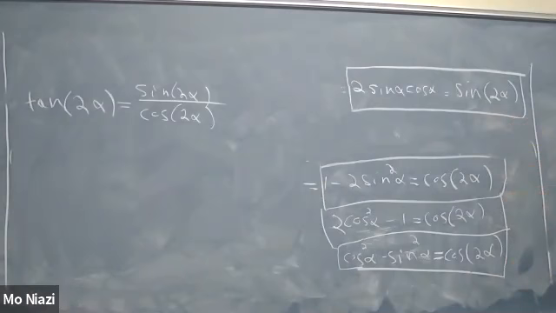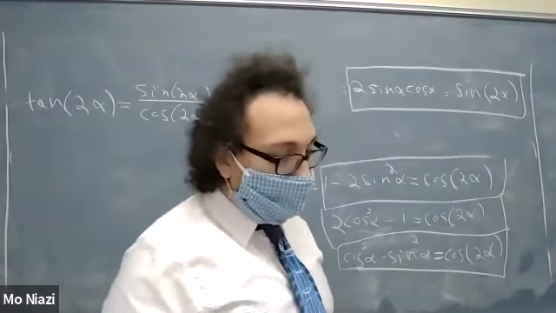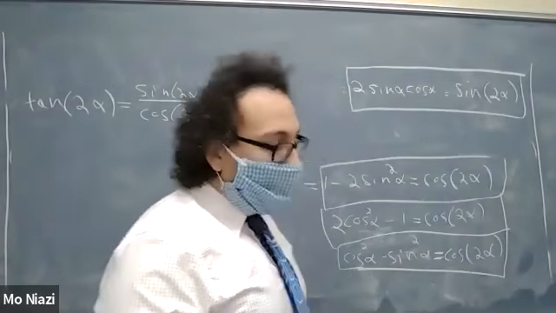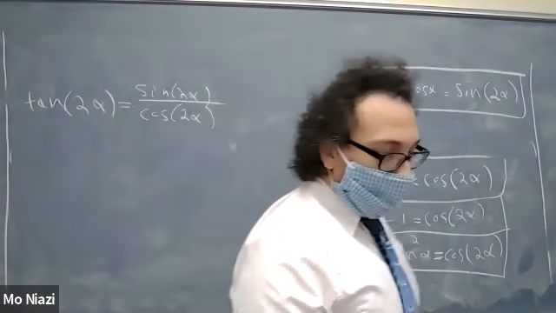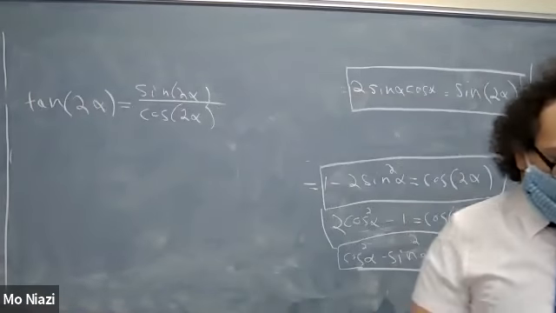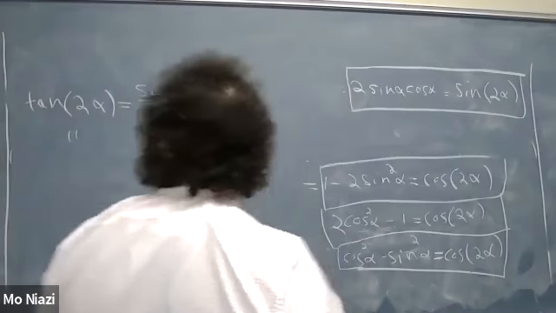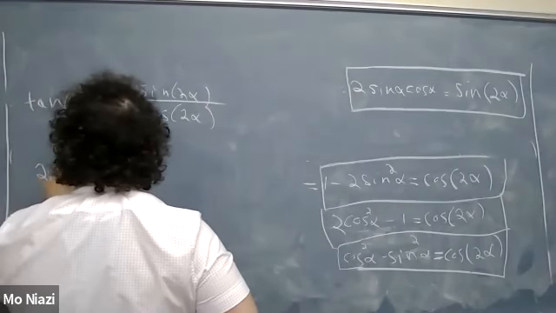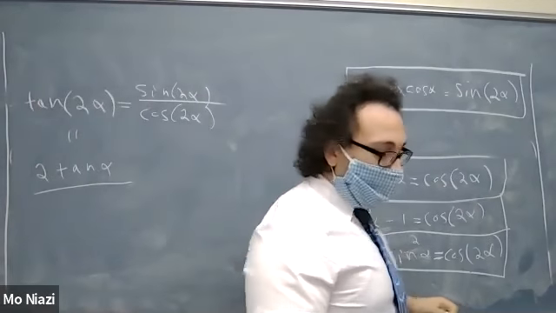Which one of these do we pick for the cosine? Well, they have that the identity is 2 tangent alpha divided by 1 minus tangent squared alpha.